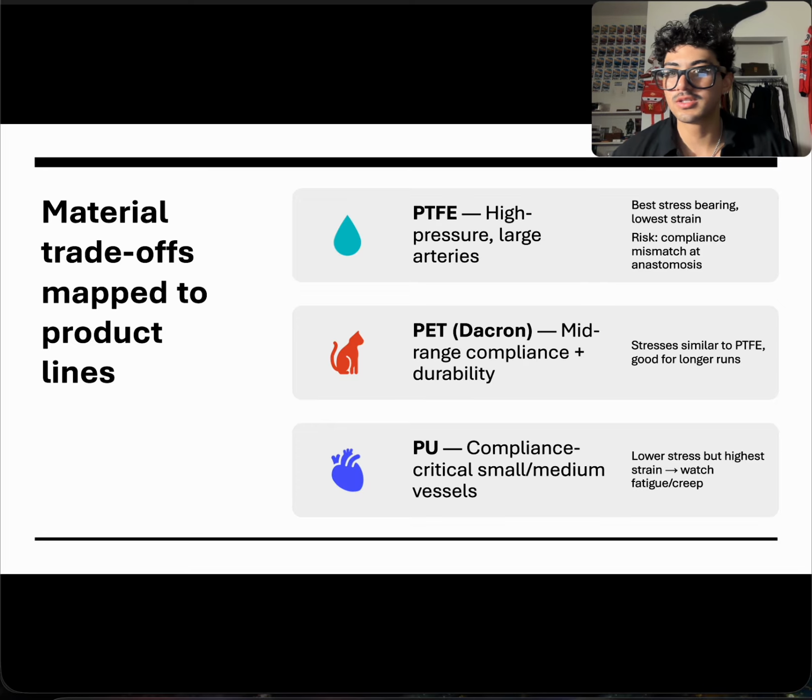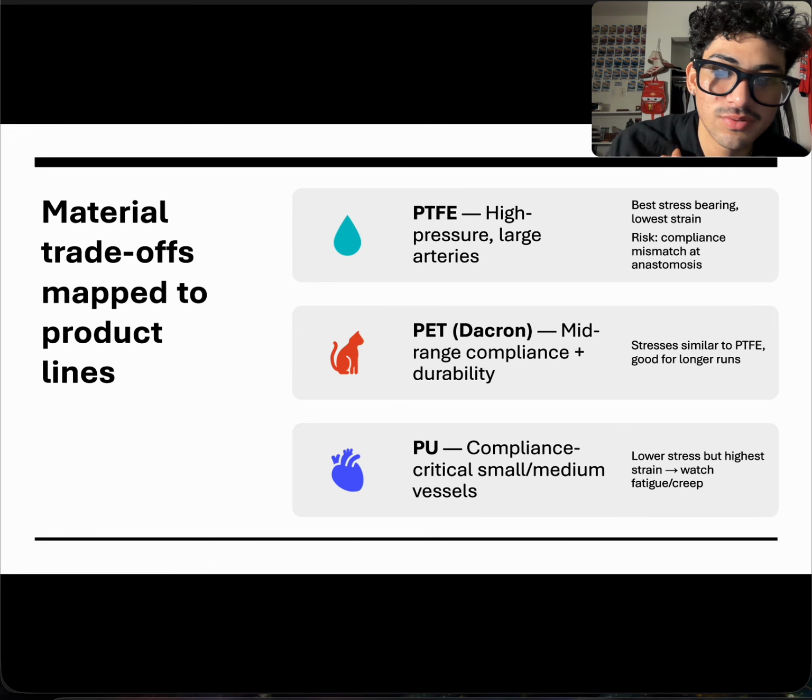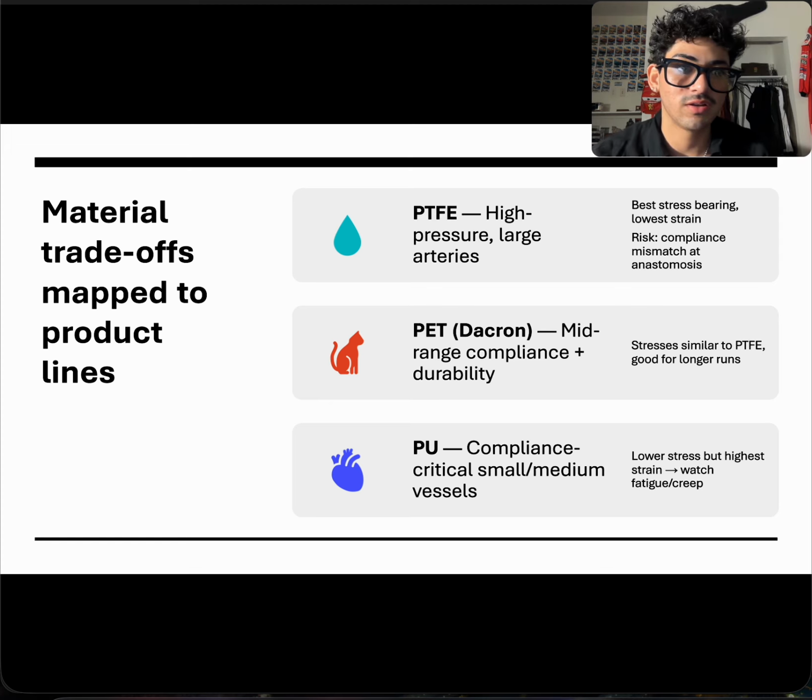So, what are some of the trade offs? Now, the manufacturing relevant part, matching material to application. PTFE had the best resistance to deformation, giving low strain while handling high stresses. That makes it a strong candidate for high pressure, durability first grafts, especially in the larger arteries.